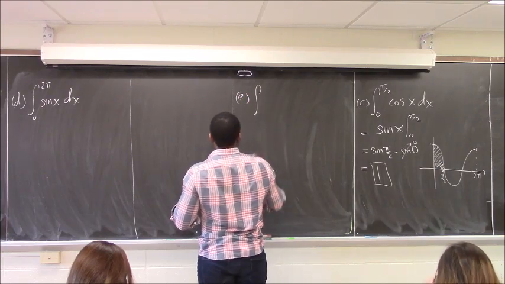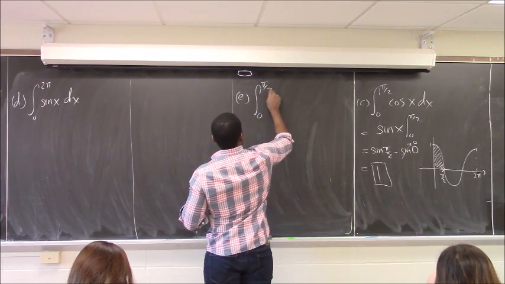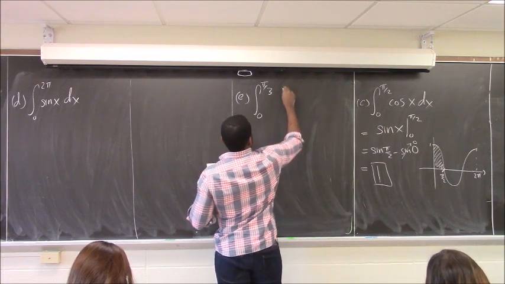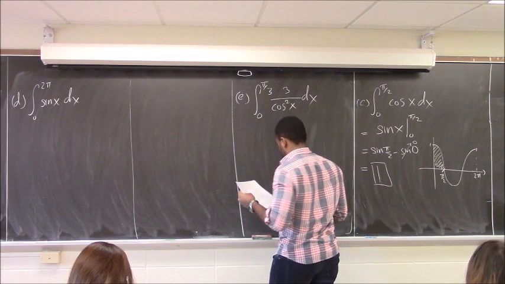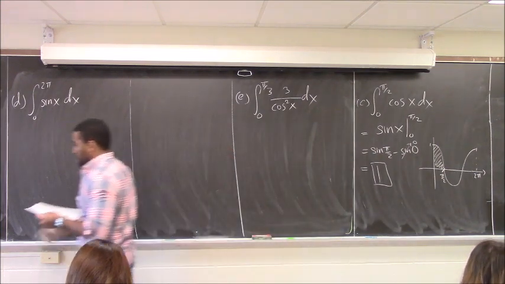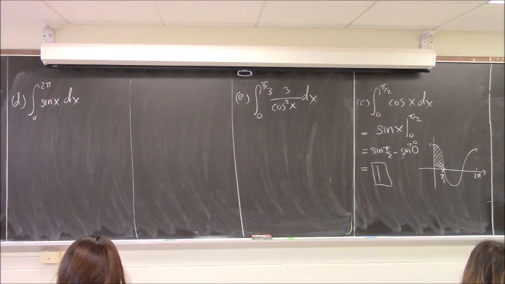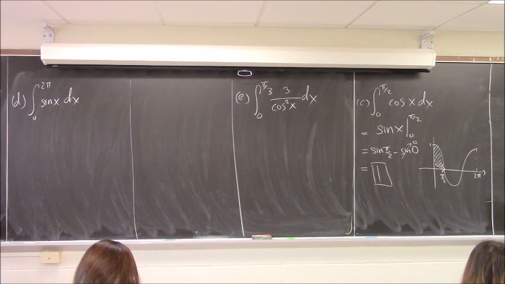Integral from 0 to pi over 3 of 3 cosine squared x. Okay, so this one, antiderivative of sine of x.